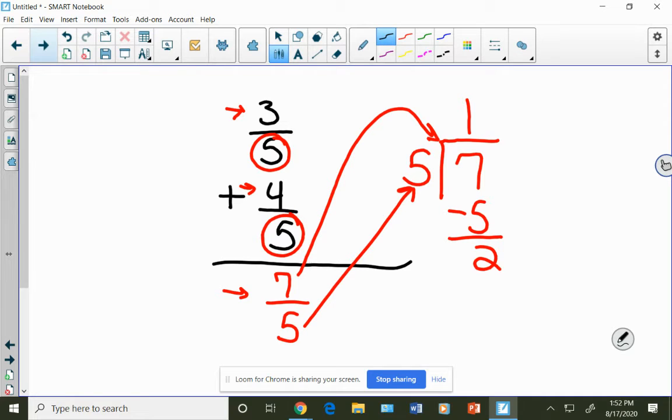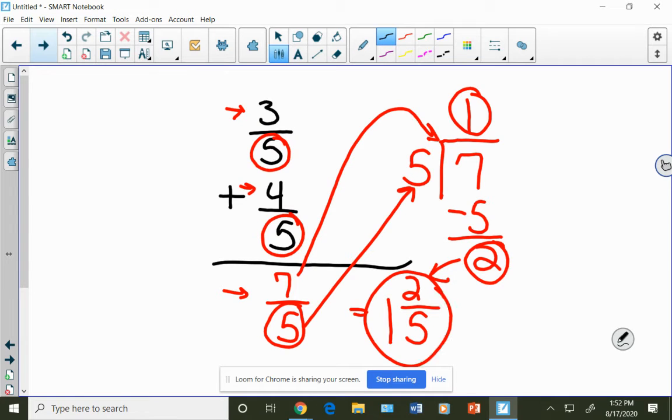So remember, how many times 5 goes into 7 is the whole number here, 1. The remainder is your numerator, and your denominator stays the same. So the answer to this problem is 1 2/5.